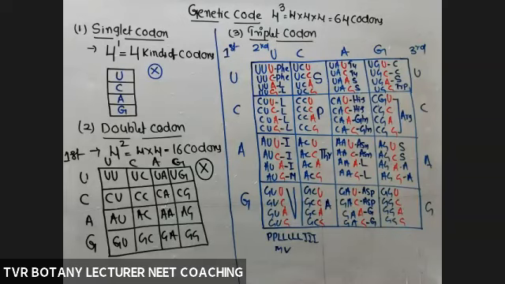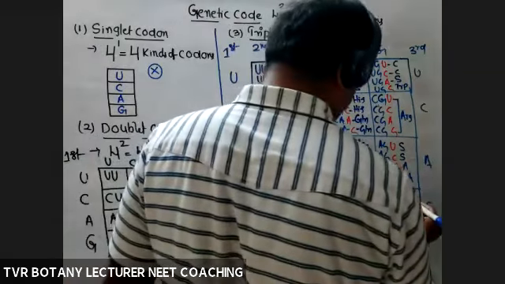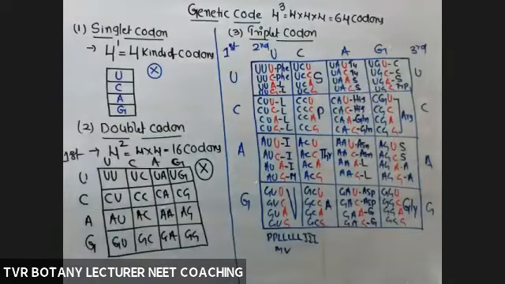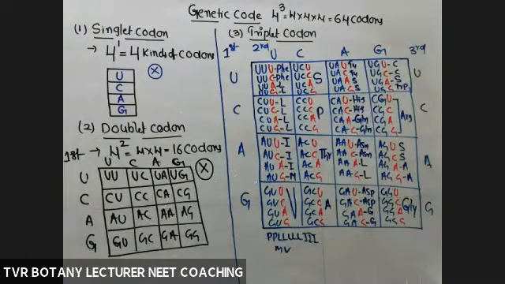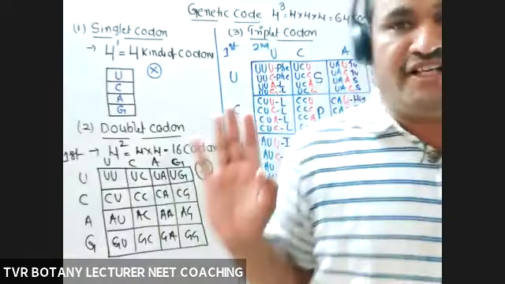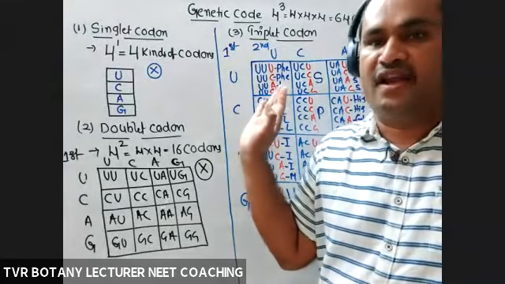Okay, the last box is very easy: GLY, glycine. So that is about the genetic code, the triplet codon concept.